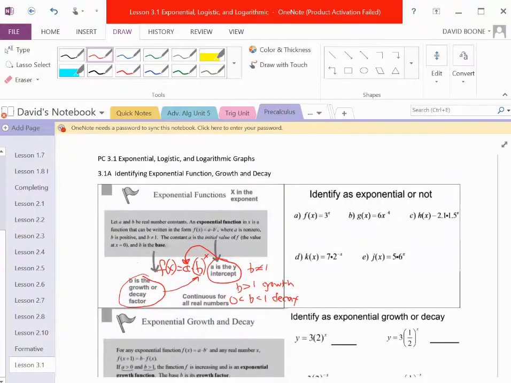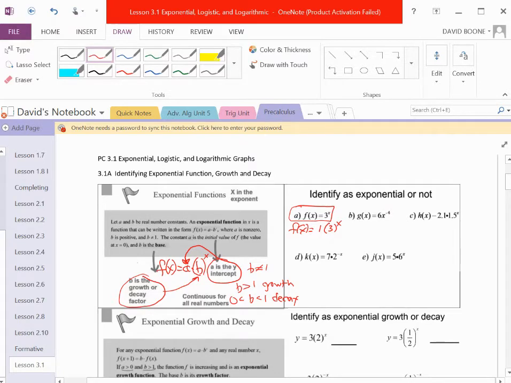So just a good little practice on these graphs. Recognizing them, we want to be able to recognize if they're exponential or not. First of all, this one certainly is. That's in the form f of x equals 1 times 3 to the x.